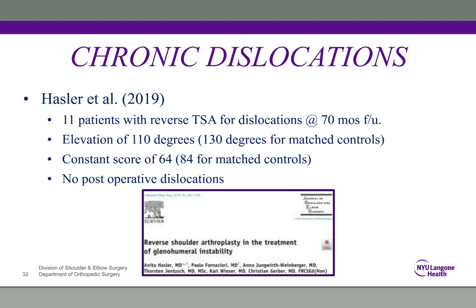In comparison to those, these patients did not do quite as well. So their average elevation was 110 degrees and constant was 64. But still, that would be considered a reasonable outcome. And in addition to that, the authors noted that there were no postoperative instability episodes, including dislocation. So the chronic dislocation would be another debatable indication for the use of reverse replacement.